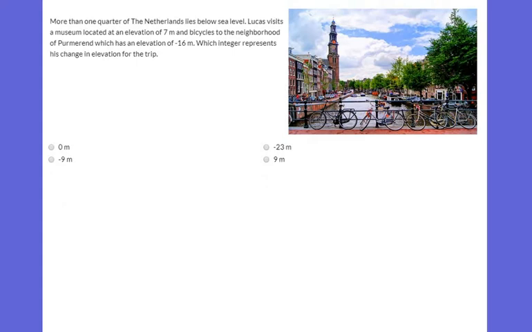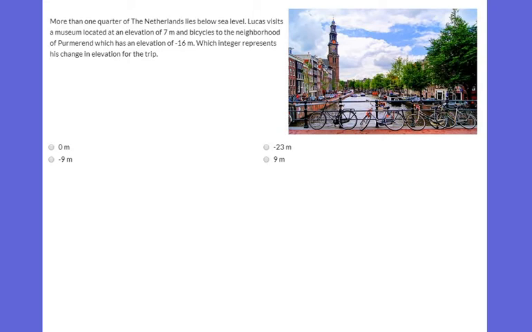Check out another problem. More than 1/4 of the Netherlands lie below sea level. Lucas visits a museum located at an elevation of 7 meters and bicycles to a neighborhood somewhere which has an elevation of -16 meters.